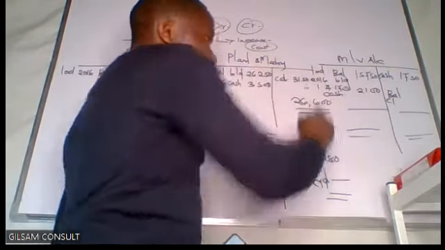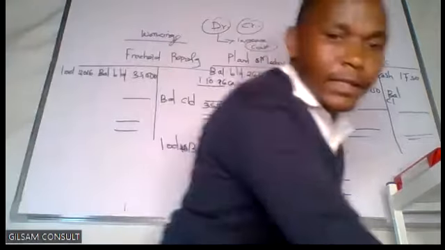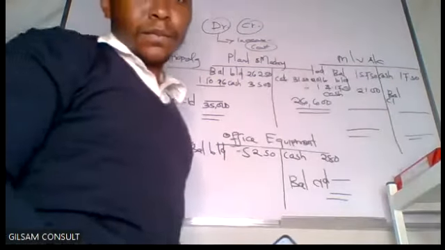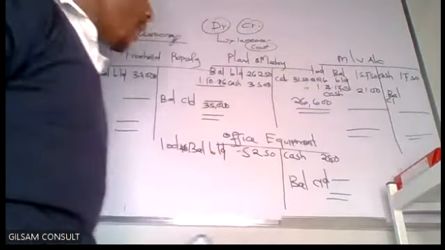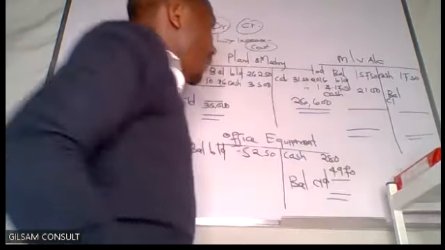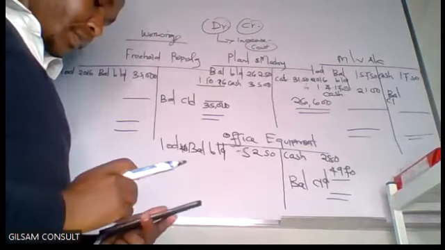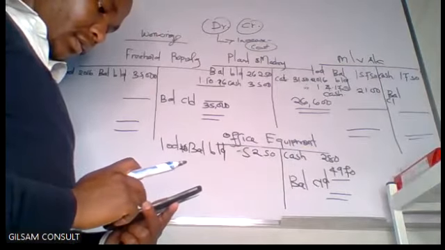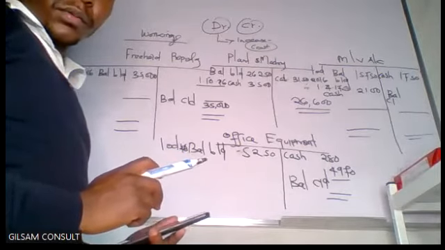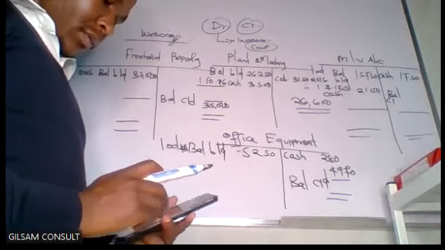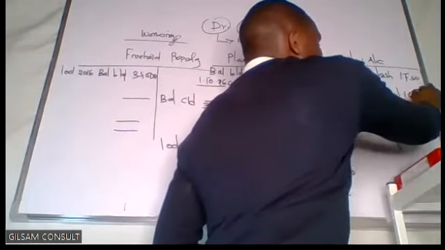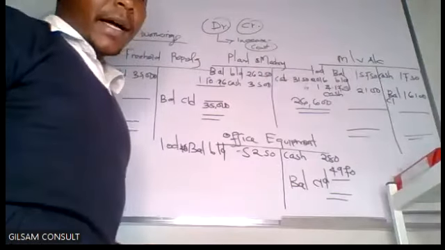The office and equipment, I have gotten 49,70. Then motor vehicle, $16,100.